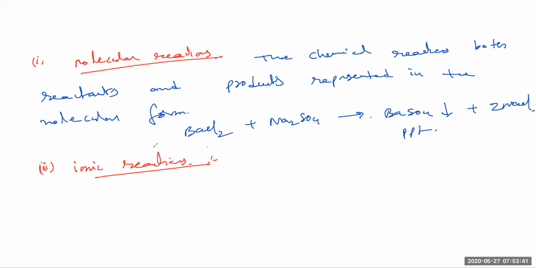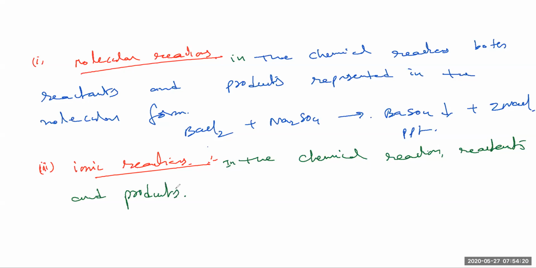Ionic reactions means in the chemical reaction, the reactants and products are represented in ionic form.